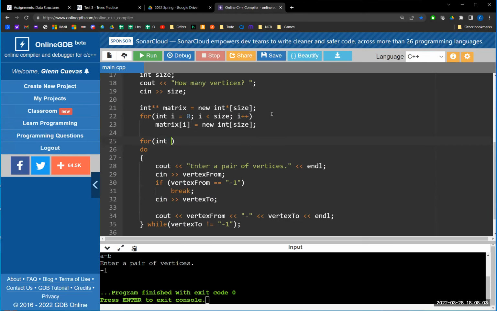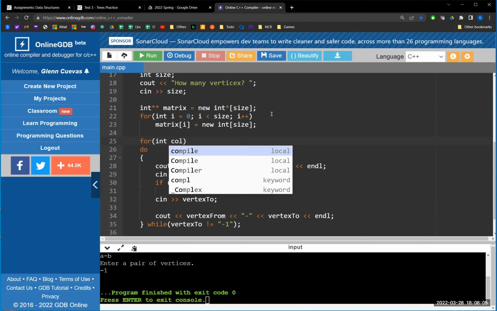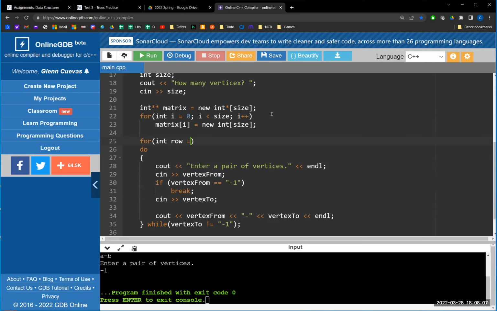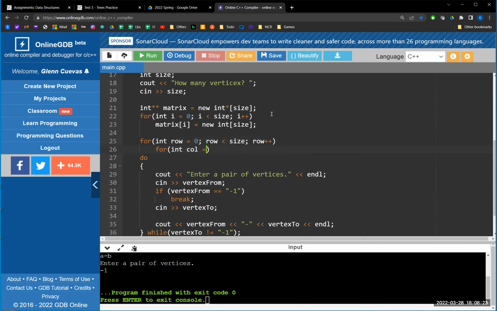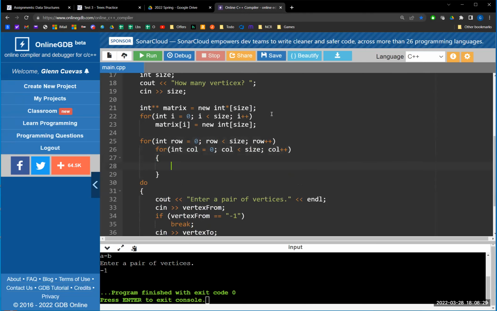So we'll go for how many rows, with the variable's name, and then for however many columns we have, and we can start spitting out what they are.